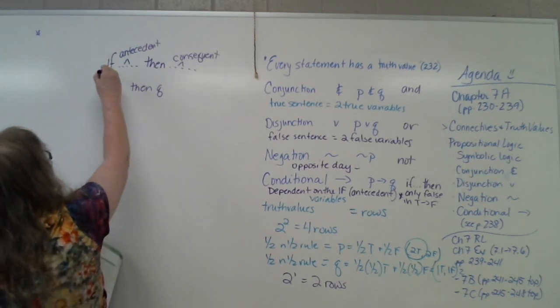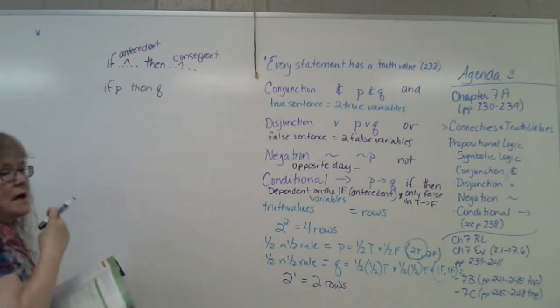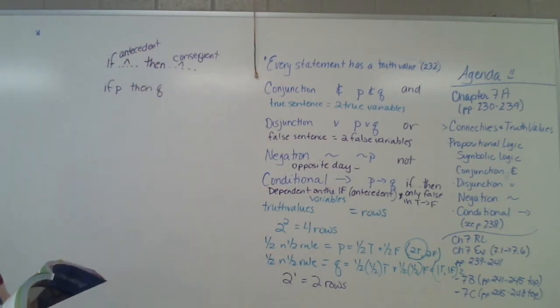So if it just starts with if, that's our antecedent, then consequent. Now sometimes the if statement gets put after the then statement. Happens in English, we're weird, okay?